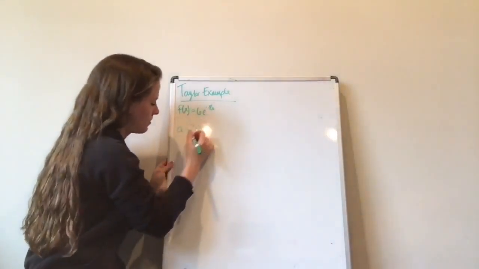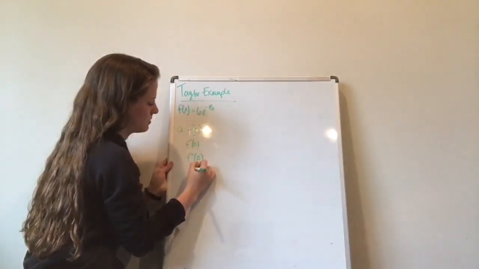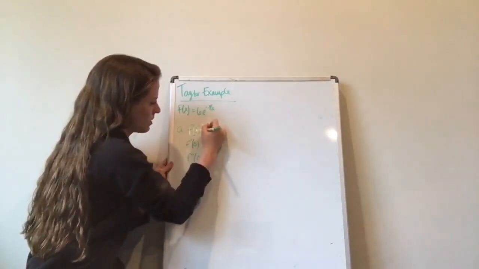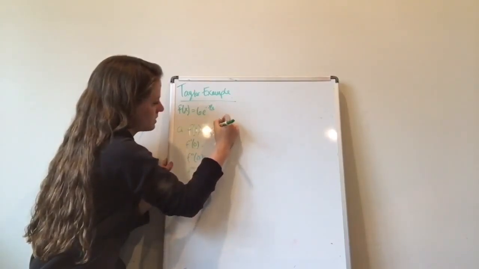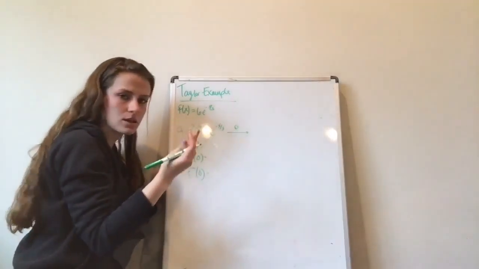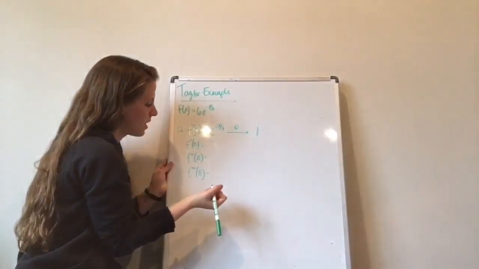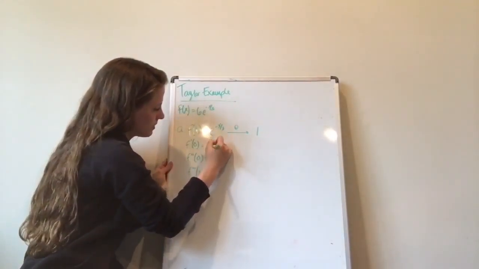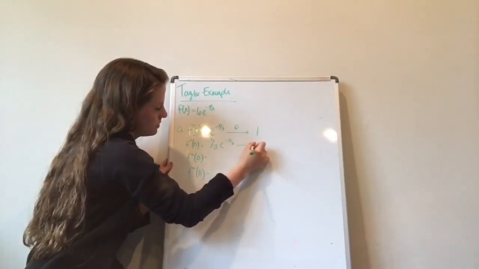So we're going to have f prime of 0, f double prime of 0, f triple prime of 0. Okay. So you know that this equals e to the negative x over 3. And at 0, e to the 0, anything to the 0 is just 1. So 1. Okay. And then we multiply by negative 1/3 times e to the negative x over 3. This goes to 0, so that's 1.